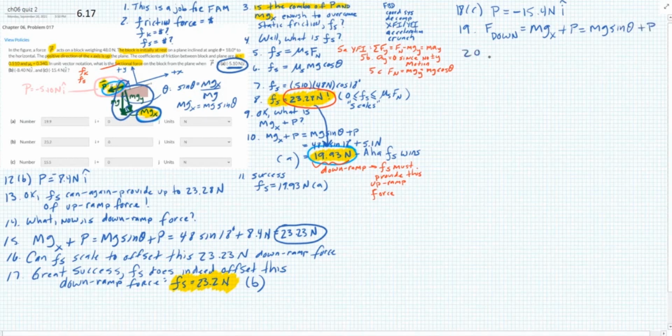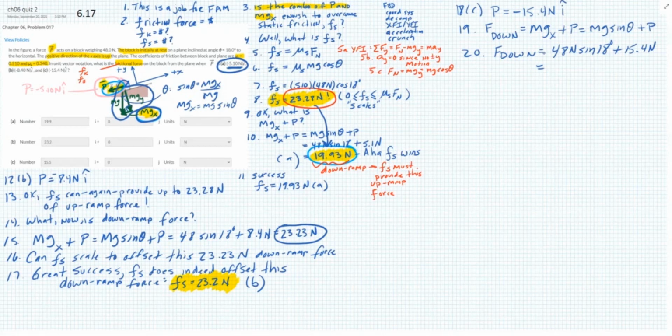So with numbers, here's the downward force, F down, equals mg, which is 48 newtons, times sine of 18 degrees plus P, and P has now grown to 15.4 newtons. So here's the total amount of downward force: 48 times sine of 18 plus 15.4 gives 30.23.